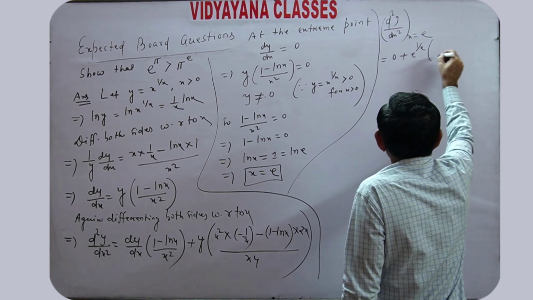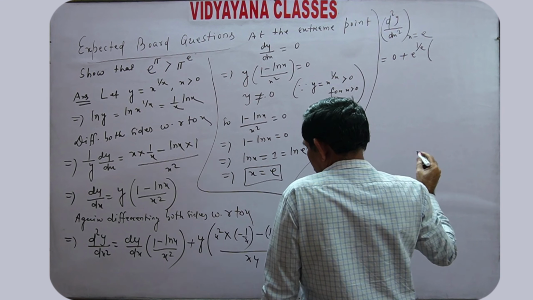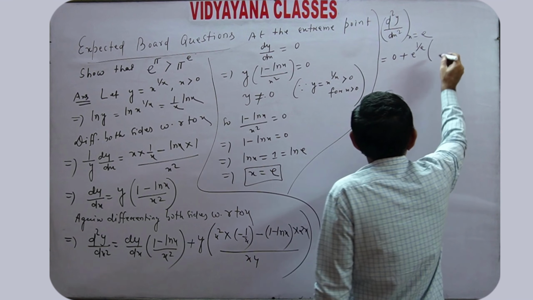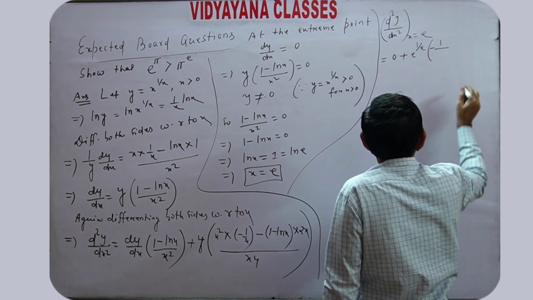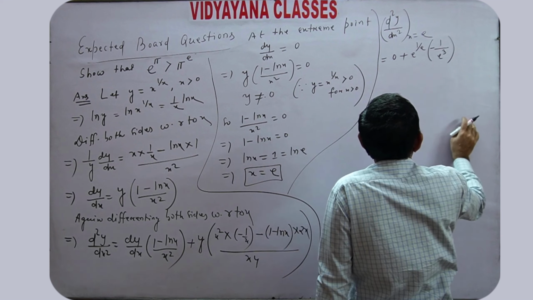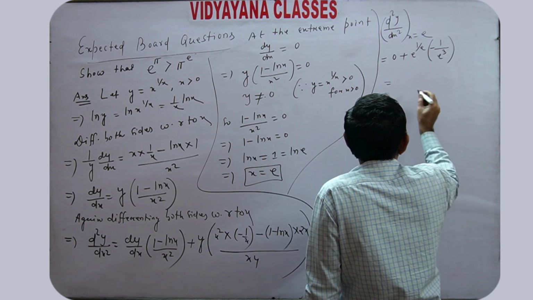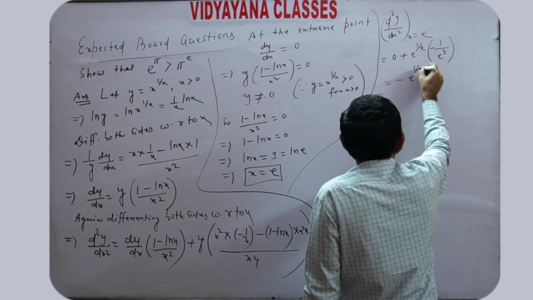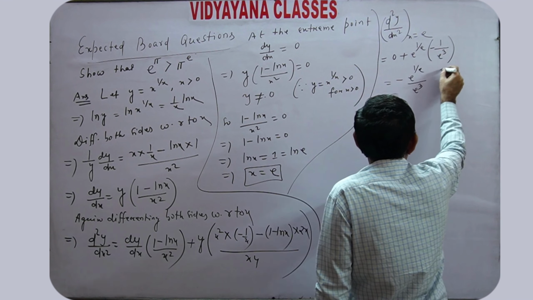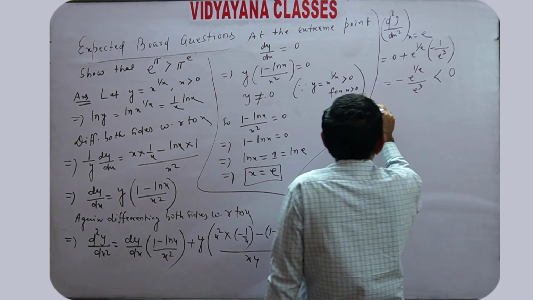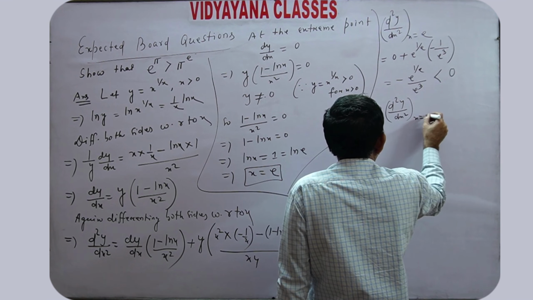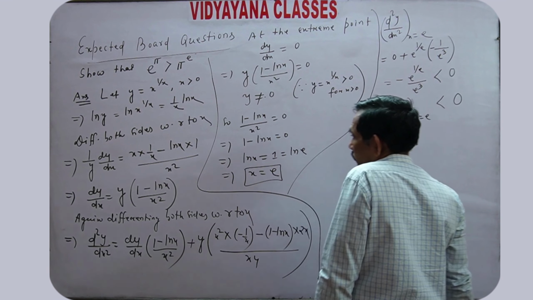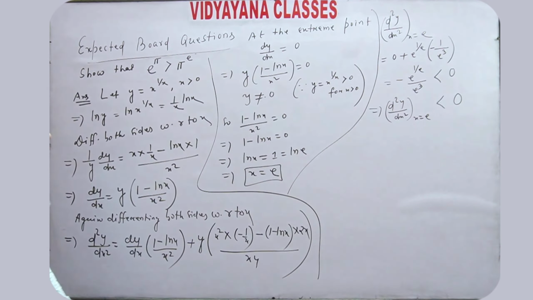And minus x is cancelled and x is cancelled, which is equal to minus 1 by e to the power 3, which is equal to minus of e to the power 1 by e divided by e cube, less than 0. Which implies d square y divided by dx square at x equal to e is less than 0. Clear?